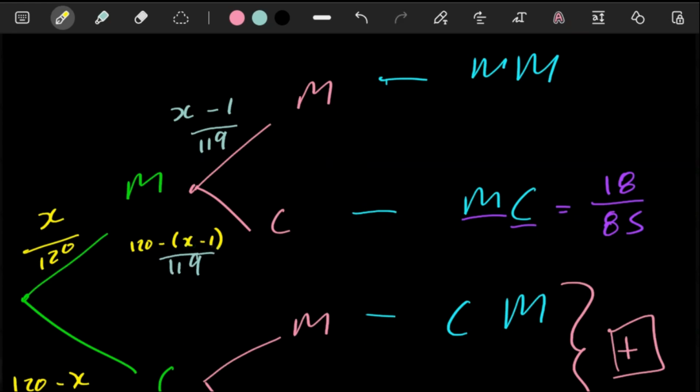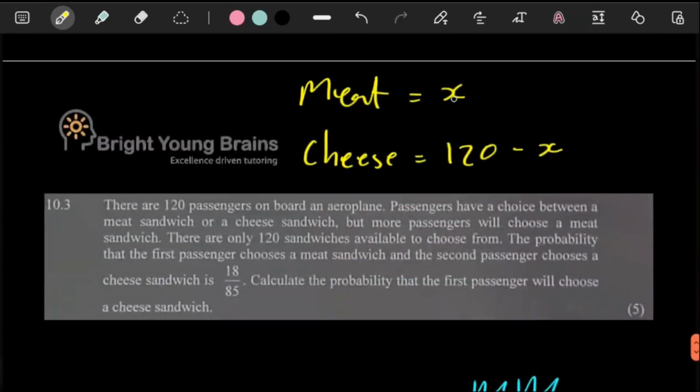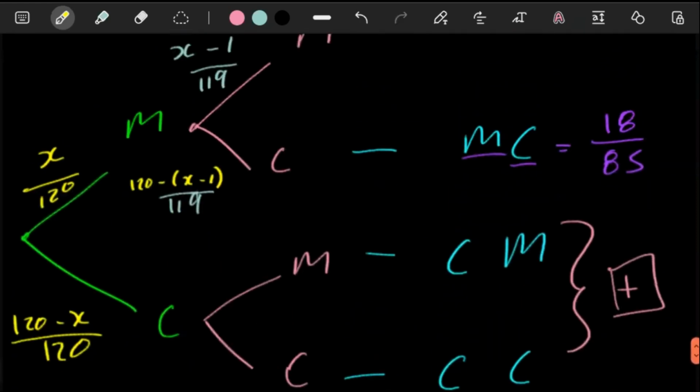Yeah, I think before moving on here, we really have to analyze this very nicely, because we might risk making a dumb mistake. So if one sandwich is gone, we have 119 sandwiches. Okay, that's fine. But this one sandwich that's gone is a meat sandwich. So in the meat section, we have x minus 1 meat sandwiches left.